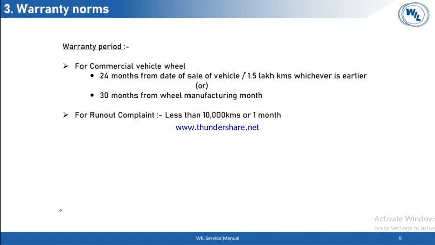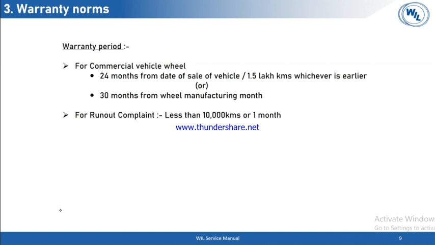That takes another 1 or 2 months before the warranty starts. Also, after a warranty claim is reported, it goes from the end customer to the dealer, the dealer to the distributor, and the distributor to the OEM, which takes another 1 or 2 months. So some variation will be there, and that is why we give 6 months from the date of manufacturing of the wheel. So 30 months, with a 6-month grace period. Your warranty starts from the date of sale of vehicle, that is 24 months or 1.5 lakh kilometers, whichever is earlier.